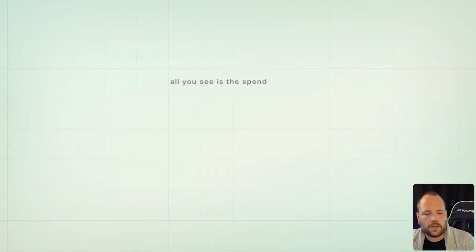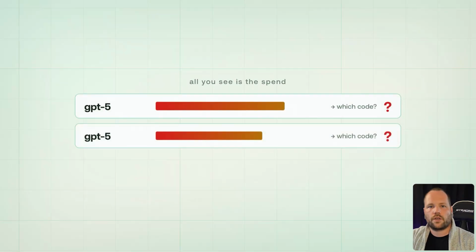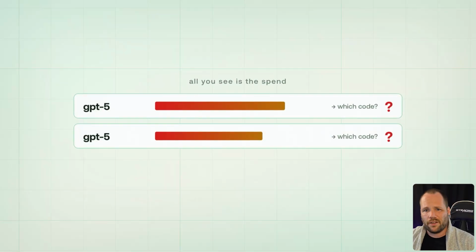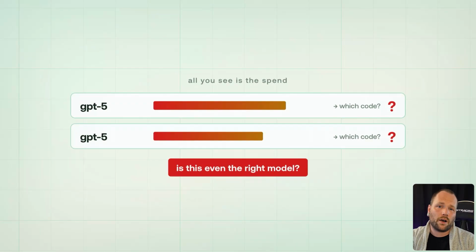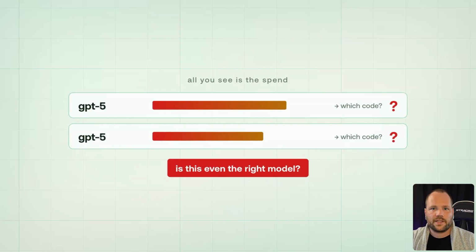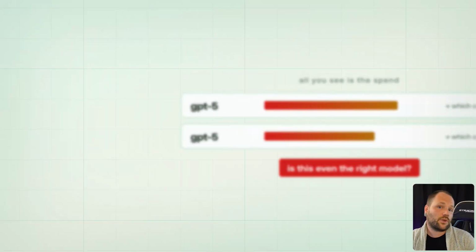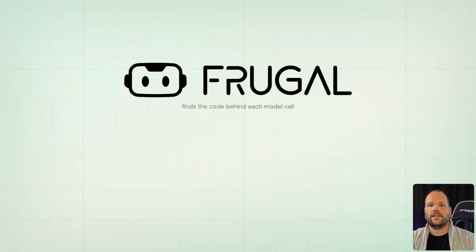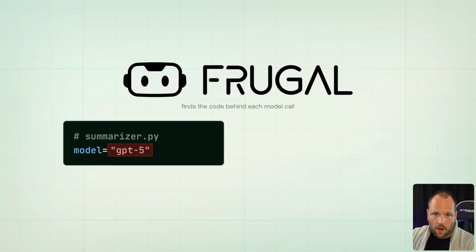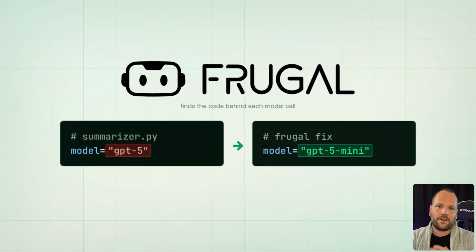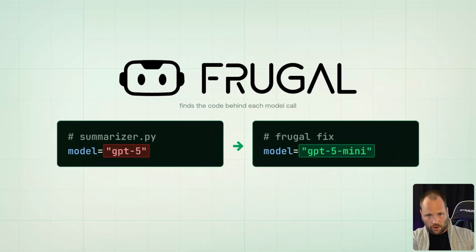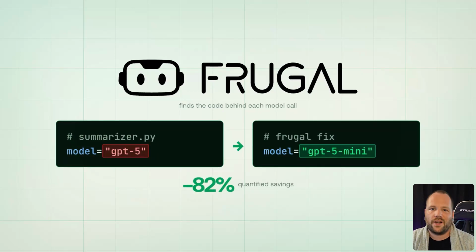And that's actually the tricky part because the dashboard doesn't show you which code is responsible for each model call. So you'll just see a heavier model being called and you're not entirely sure if that's appropriate for that task. That's where Frugal comes in. They'll show you exactly which code is calling each respective model and then generate a Frugal fix that'll swap it for the most efficient choice for that task with a quantified savings estimate.